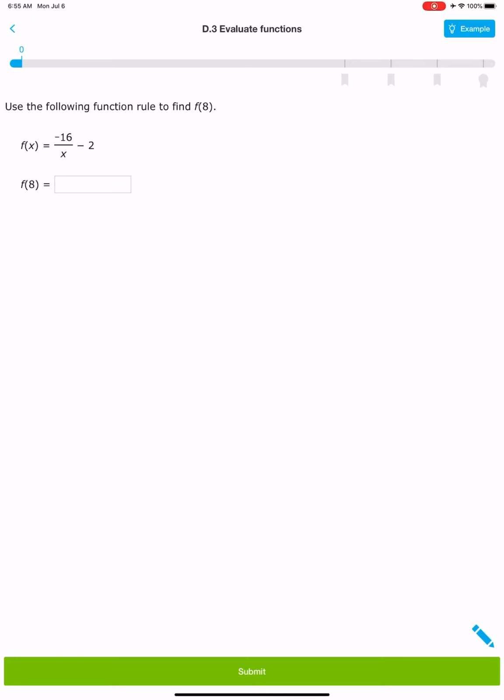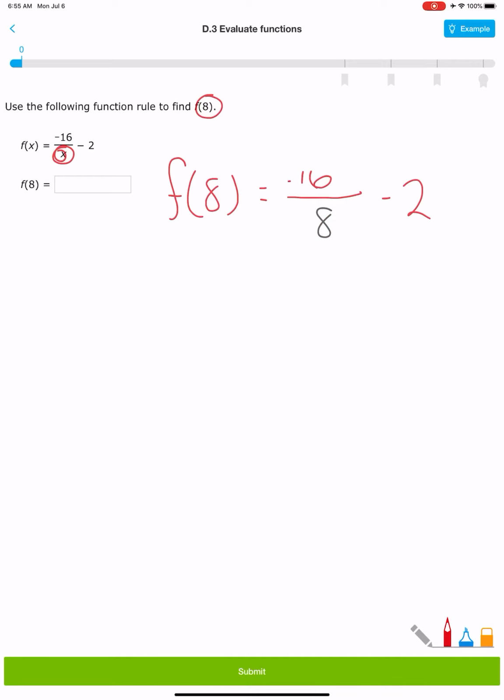Use the function rule to find f of 8. All we're doing is replacing this x with this number 8, right? So f of 8 equals -16 over x, which is 8, minus 2, okay? Negative 16 divided by 8, so we're going to do order of operations.